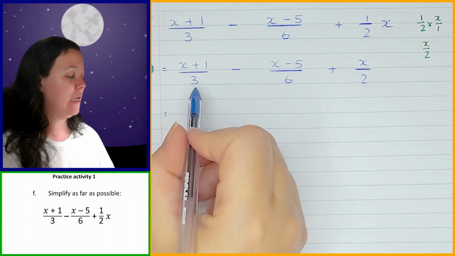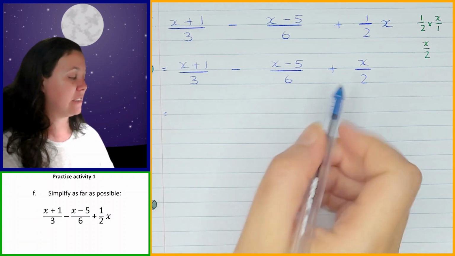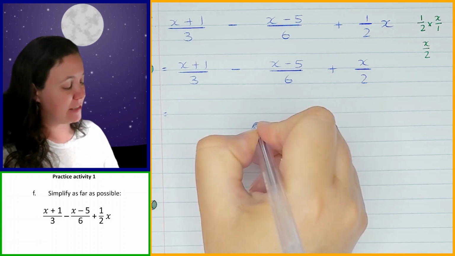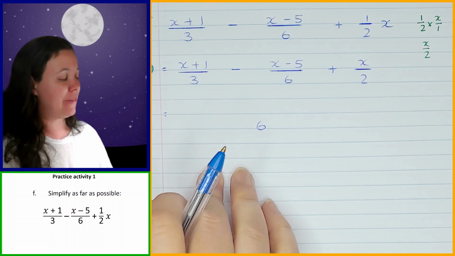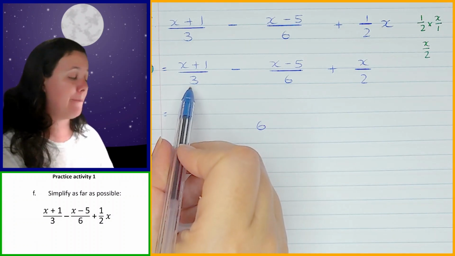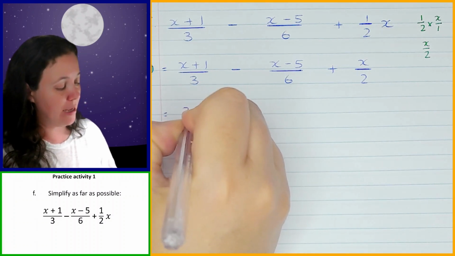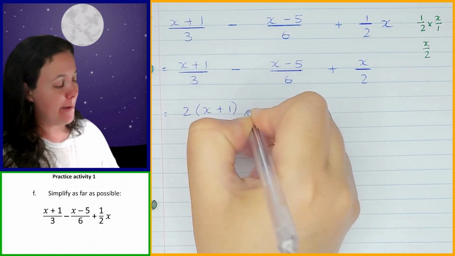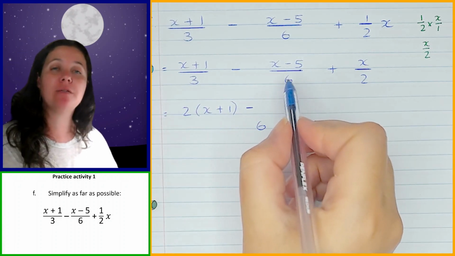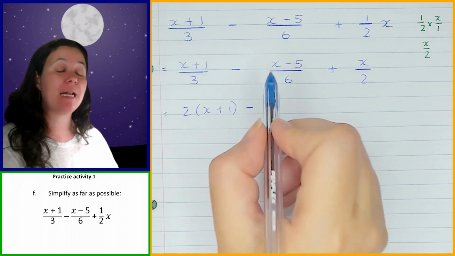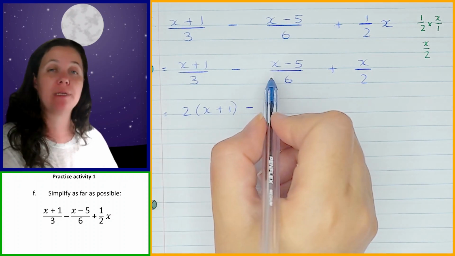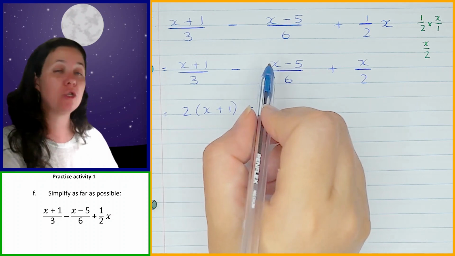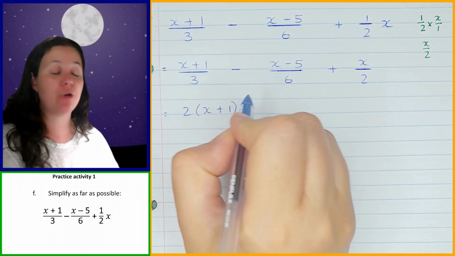So our LCD, if we're looking at the denominators 3, 6, and 2, the LCD is going to be 6. And then I need to multiply 3 by 2, so I'm going to have 2, and then x plus 1 in brackets, minus, now I don't need to multiply 6 by anything, but I still have to put this in brackets. Remember I said whenever you have more than one term in the numerator, you have to put it in brackets.